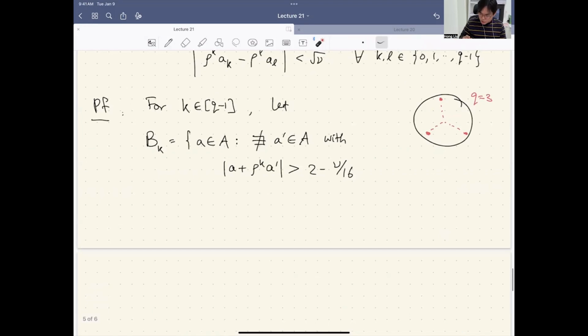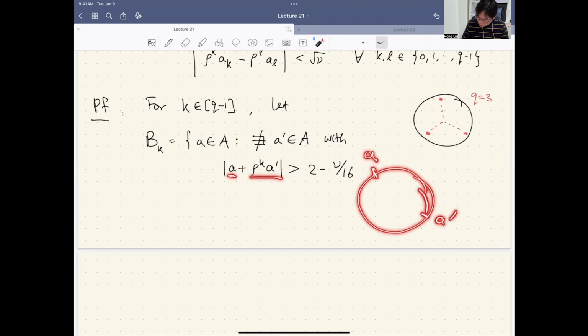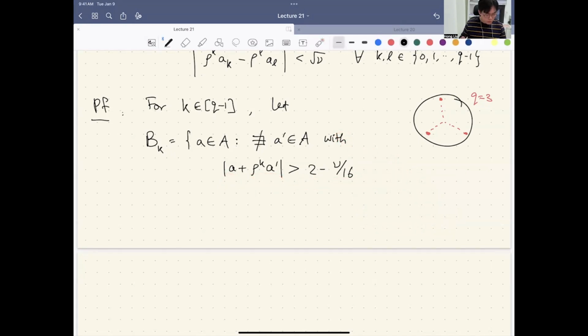What does this mean? For a, there's no other a prime such that after rho^k rotation, a prime gets to a very close vicinity of a. If it gets here, then they almost line up, and the sum of these two has norm, the length, 2. This is the bad event.